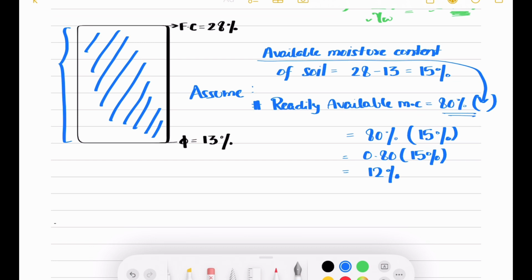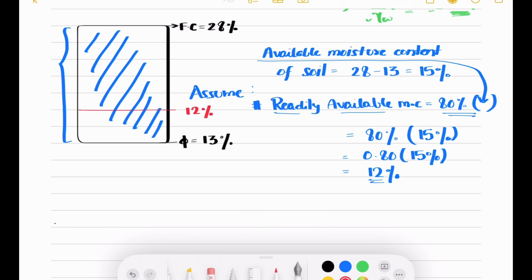So the readily available moisture content is 12%.